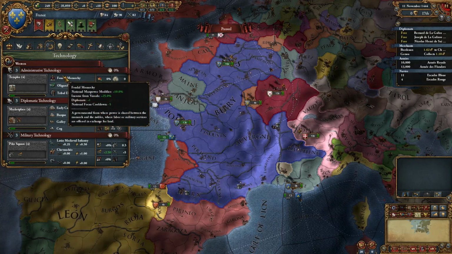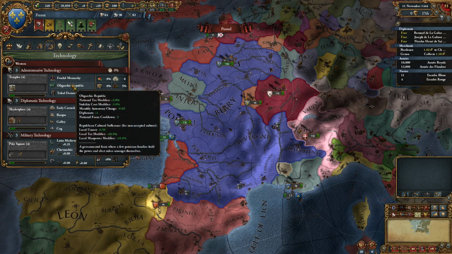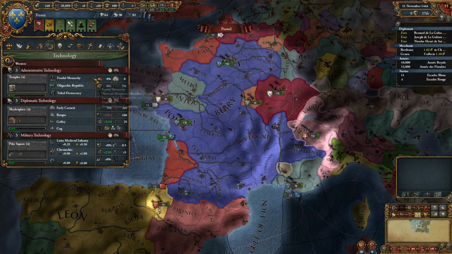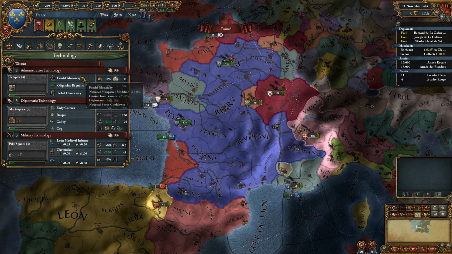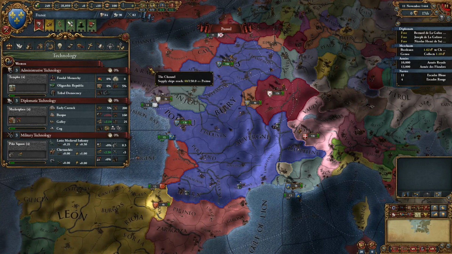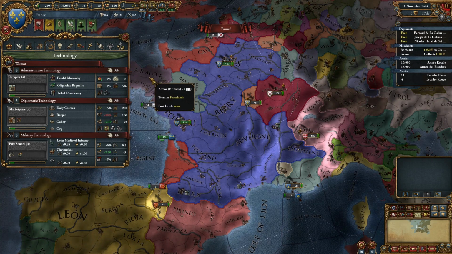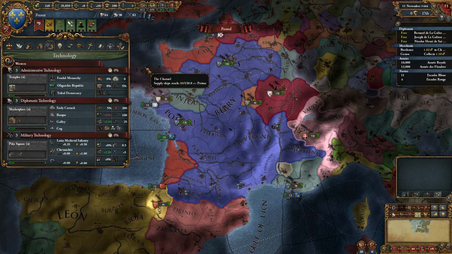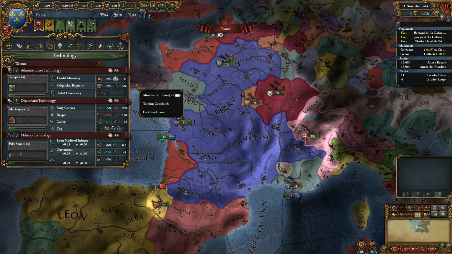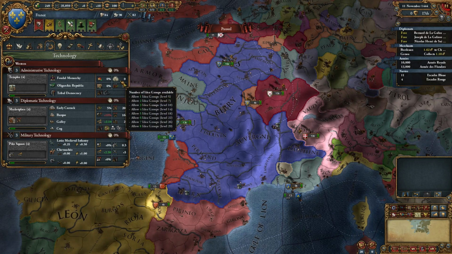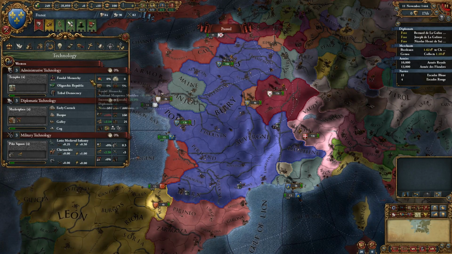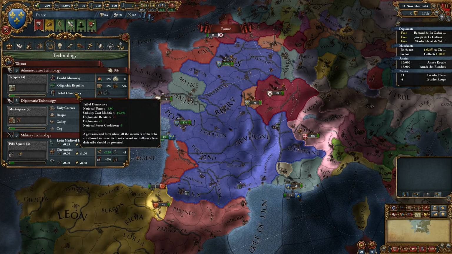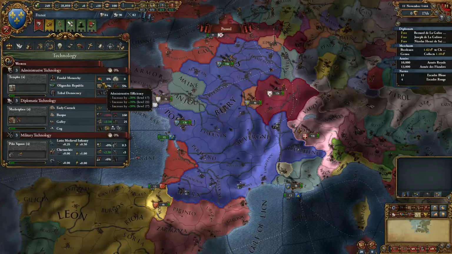However, I can upgrade that at a certain point. I guess it doesn't show it here, but at Tech 12, I'll be able to unlock the administrative monarchy, which gives a reduction in autonomy. It gives me increased national production and, I believe, some prestige too. Well, I could be wrong on that part. And then you also get to unlock new republics and tribal democracies as the game goes on.